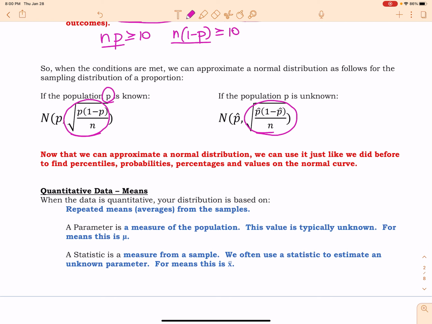So when you're finding your distribution, remember that the mean of p hat is going to be equal to p, whatever that is. It's usually given to you in the problem. The standard deviation of p hat is going to be the square root of p times 1 minus p over n. So depending on whether you have p or p hat will determine your notation there.